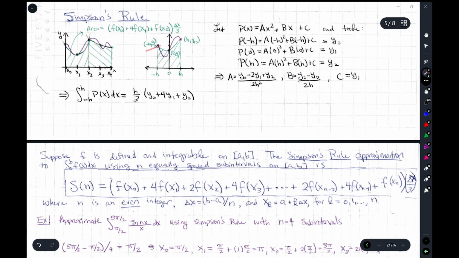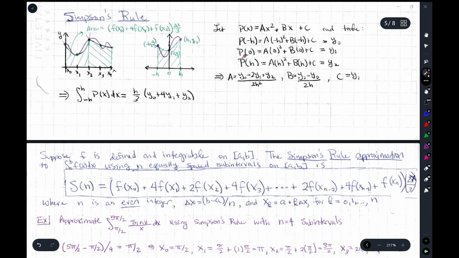Well, if the function has a value of y0 at minus h, and y2 at h, and y1 at 0, and here we're just centering at 0 to make the math a little easier, we're going to get a formula for the area, just like we had a formula for the rectangle and a formula for the trapezoid. We're looking for a formula now if we approximate using a quadratic. So here's the general form of our quadratic. Okay, a, b, and c are constants, and we want to fix those.